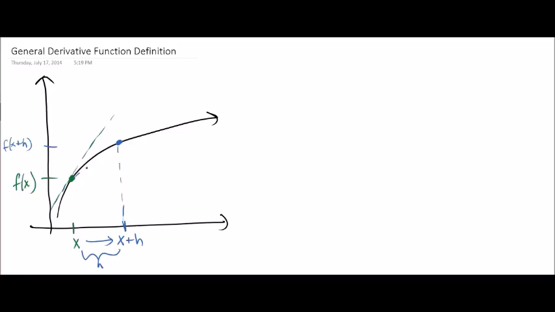So let's create this average rate of change slope, and we can draw a line between these 2 points and calculate the average rate of change.